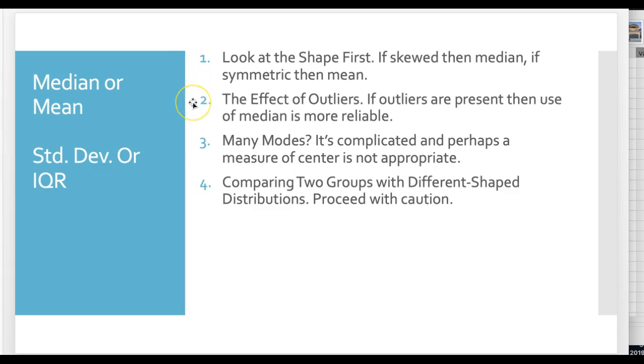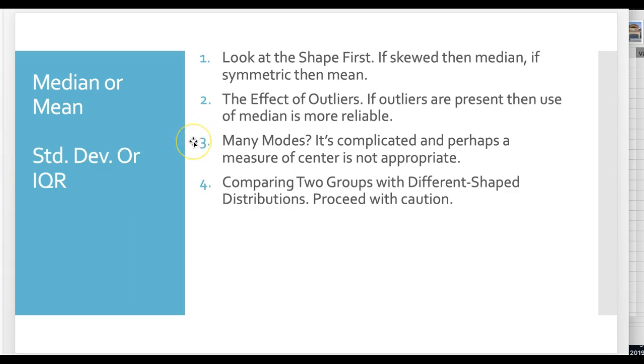But also we have to look for outliers, and there are different tools for checking for them. What is the effect of the outliers? If these outliers are very far away or very influential, then maybe we should be using the median.